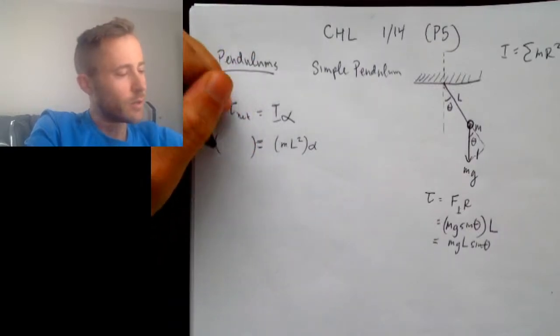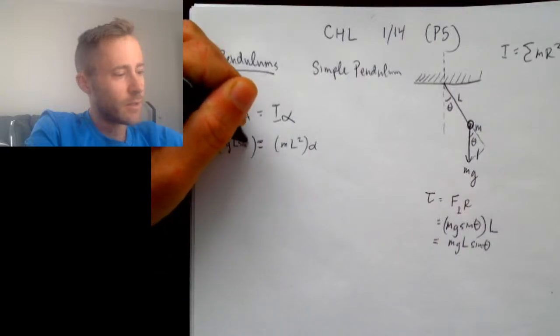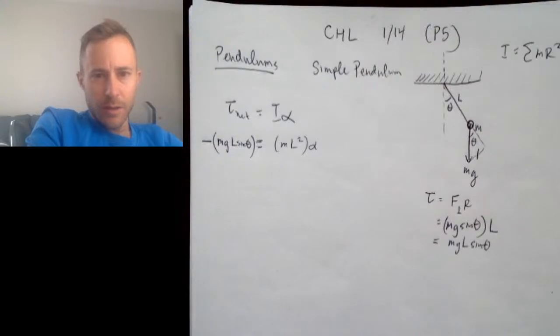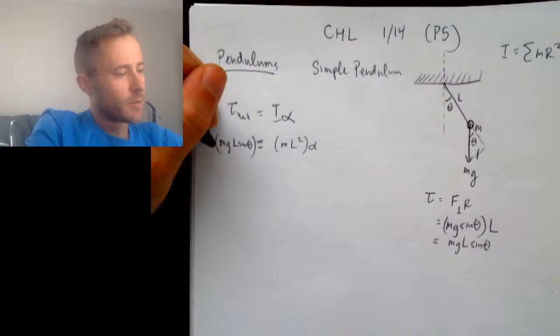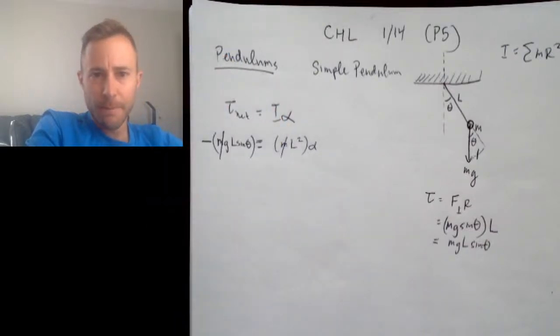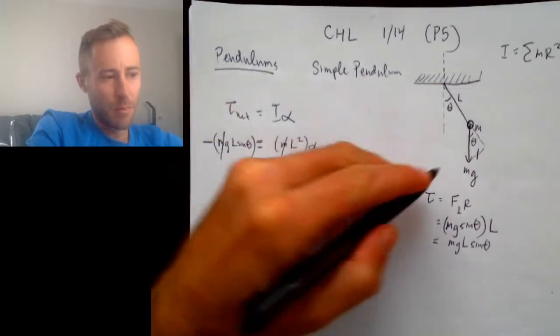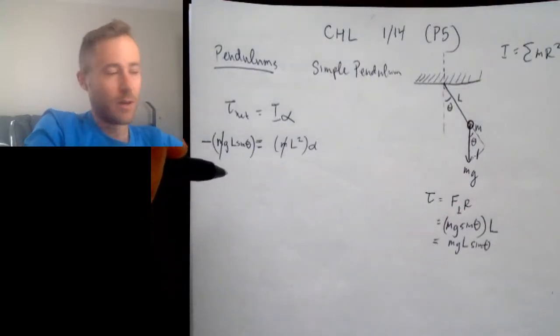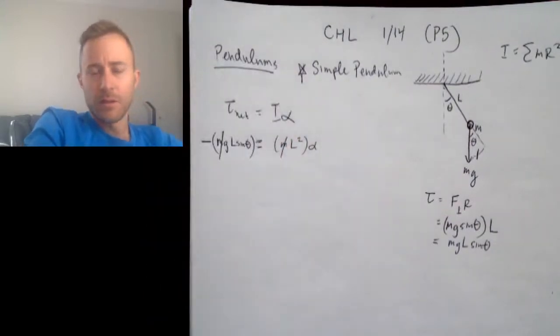So for the net torque, I'm going to put in negative mgL sine of theta. A couple of things happen here. First of all, the mass cancels out. So the mass of the pendulum bob does not affect the motion.